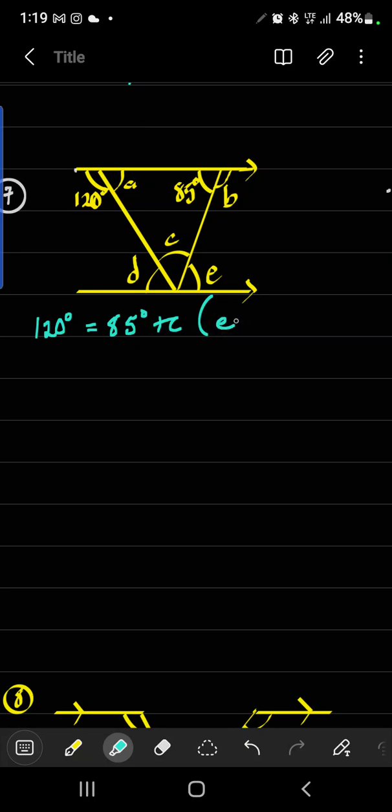Then you write, exterior angle equals sum of opposite interior angles. Do you get that now? So you leave it like that.